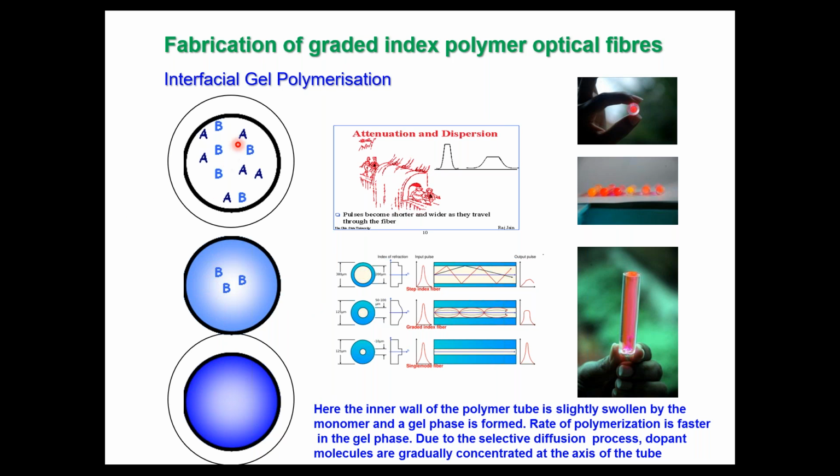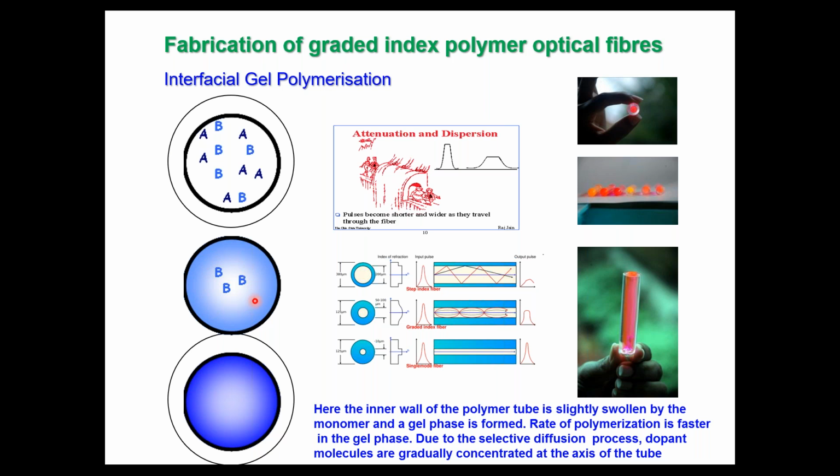So A becomes solid initially because the molecules are very small, and this region becomes somewhat gel-like because this is solid and this is liquid, and in between it has to be something like a gel form before it is completely solidified. A, being smaller in size, will penetrate more towards the outside and get solidified very easily.